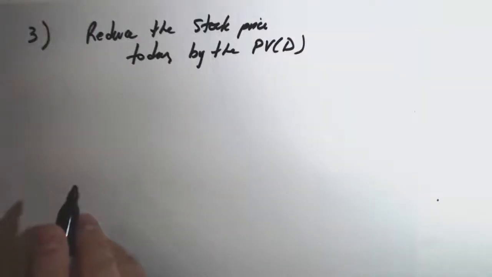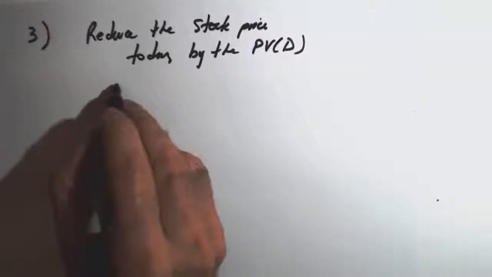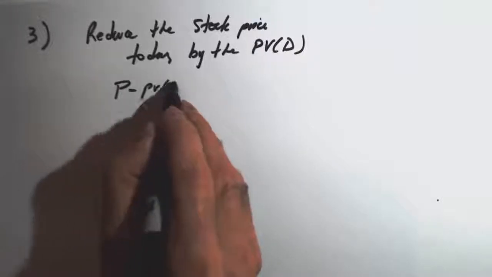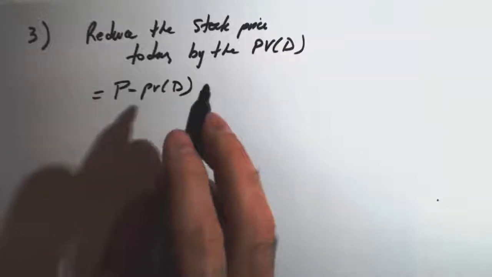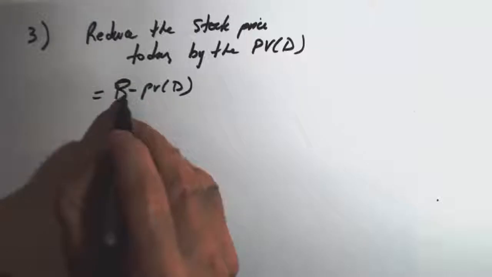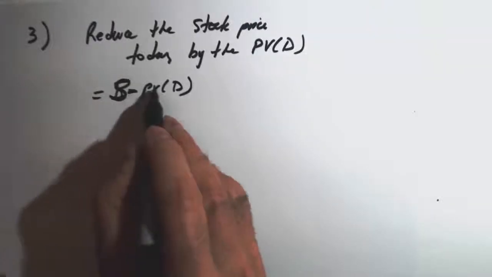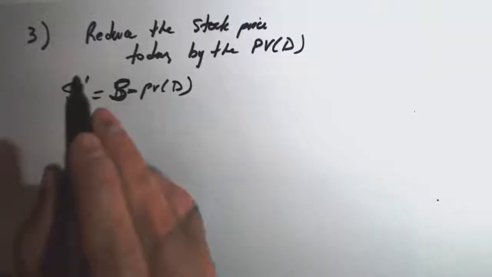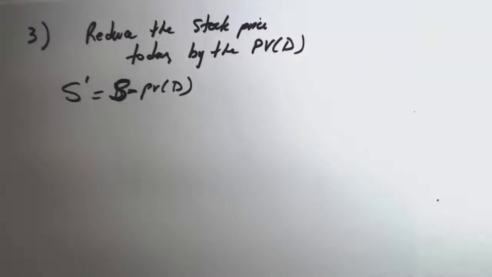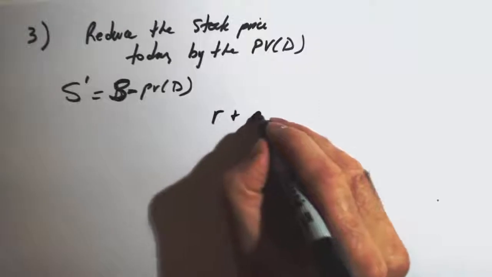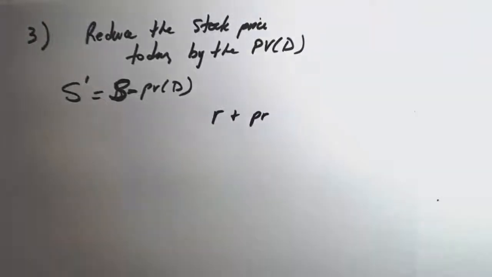So you calculate the present value of the dividend, you take today's price and you subtract the present value of the dividend. Hey, that kind of looks familiar. I take S, the stock price, and subtract the present value of the dividend, and you get S prime, like we have been using. That works reasonably well. You're going to leave R and the probability alone in the calculations.